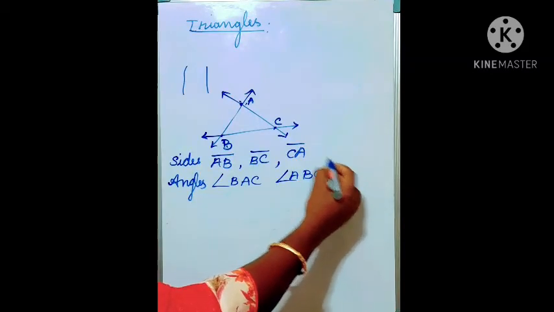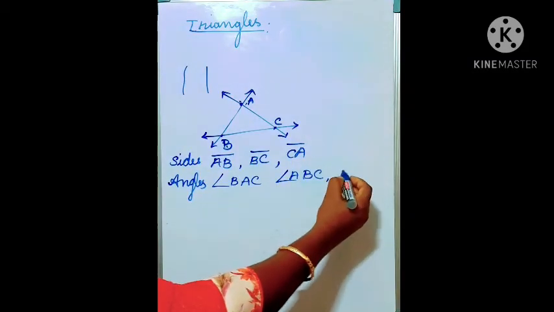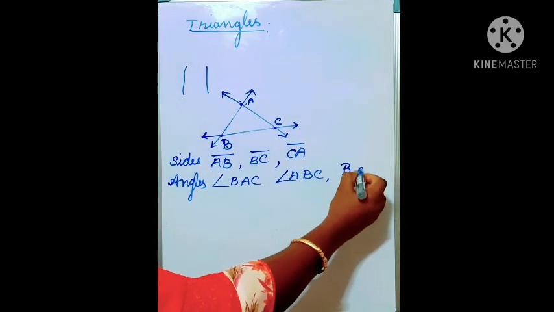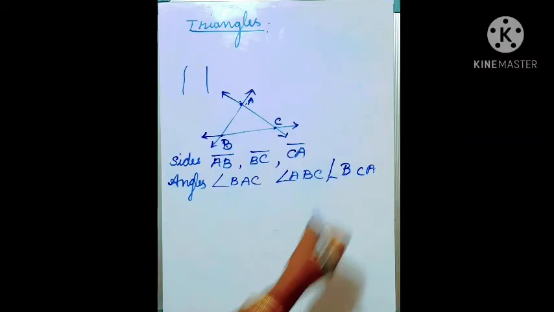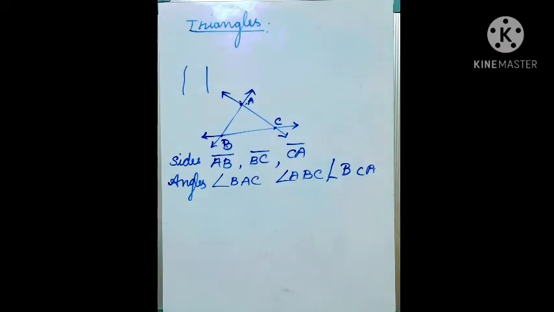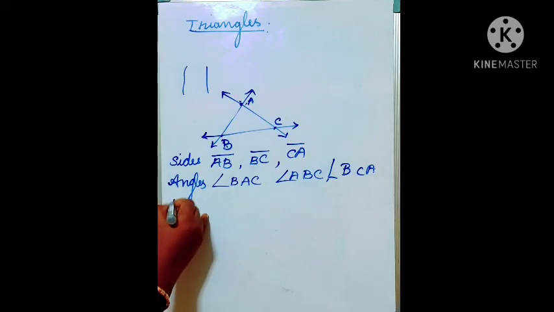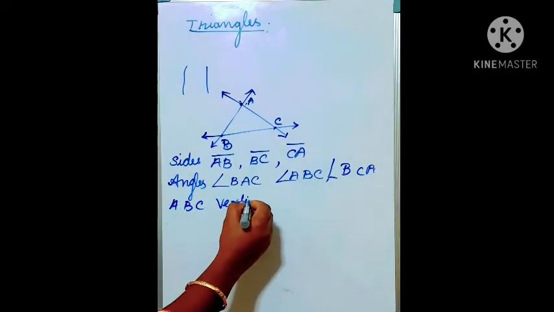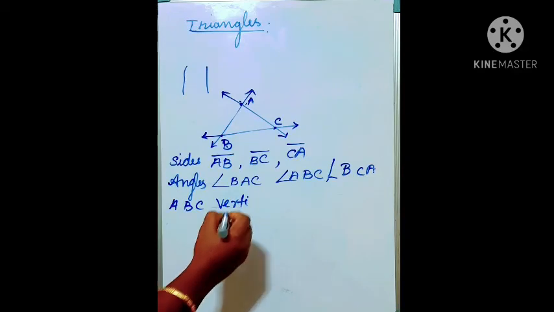Then what you have to do? C should be in the middle. So BCA. So these are the angles made by this ABC. Then A, B, C are the vertices of the triangle. Vertices is the plural form of vertex.